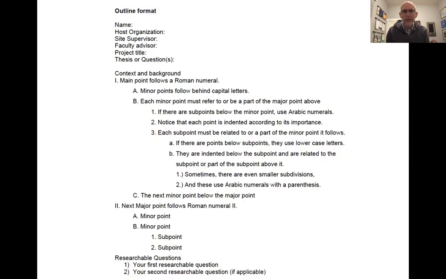In order to produce that outline, you need to use correct outline format. As a refresher, section headings do not get Roman numerals, letters, or numbers, but the topic sentences within paragraphs do receive Roman numerals. The main points within paragraphs receive capital letters, subpoints, numbers, and then subsequent subpoints, lowercase letters, and so on and so forth.